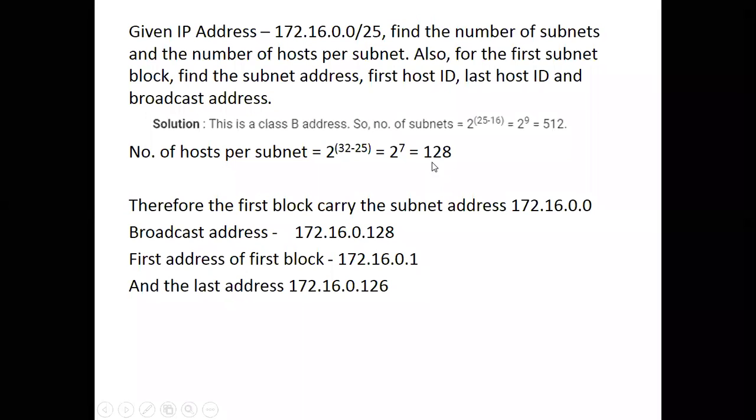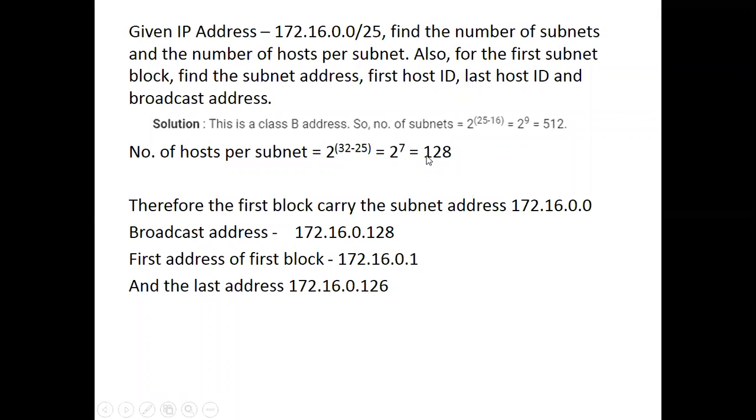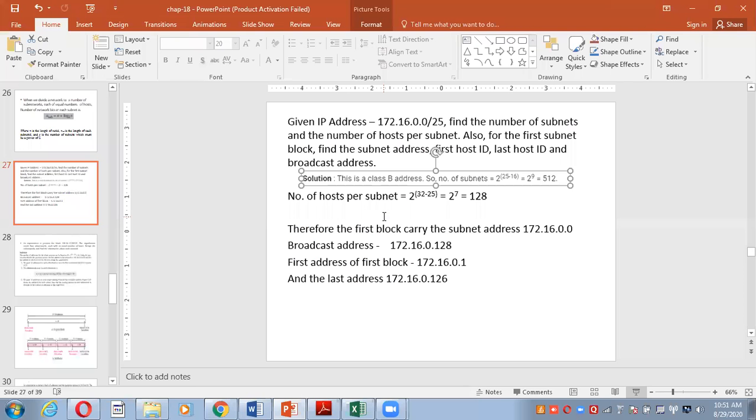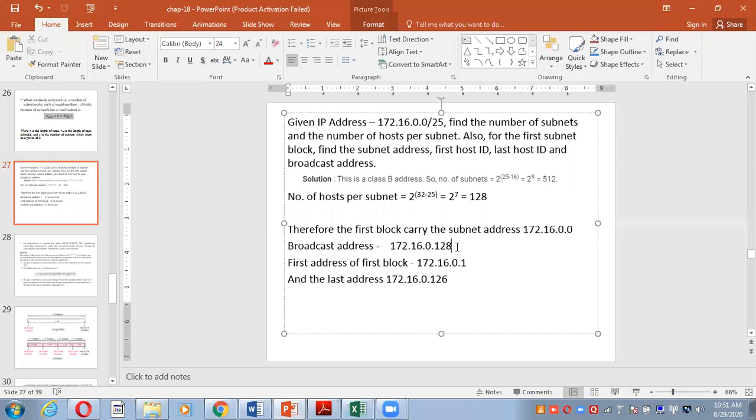Why? See, 128 machines you are connecting. So in such a case, when you move from 0 to 127, you will be able to connect 128 machines. So this IP address range can be 0 to 127.